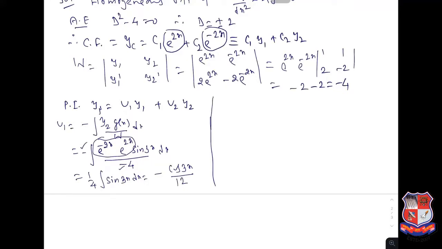So this is u1. u2 is integration y1 gx over W dx.